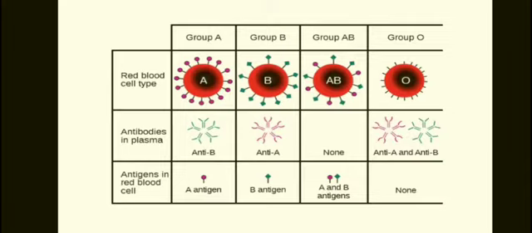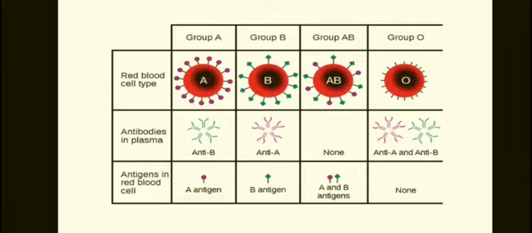For blood group B, the antibody is anti-A. In the case of blood group AB, they display both antigens on the surface, so no antibody is produced.